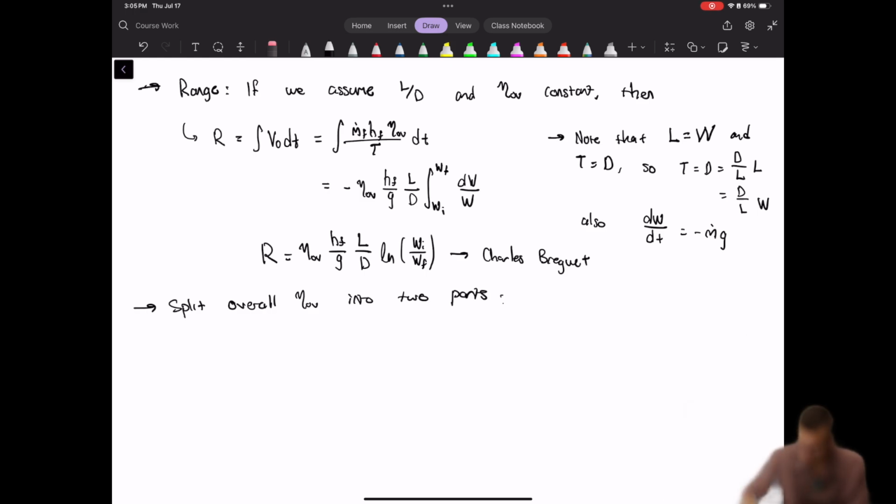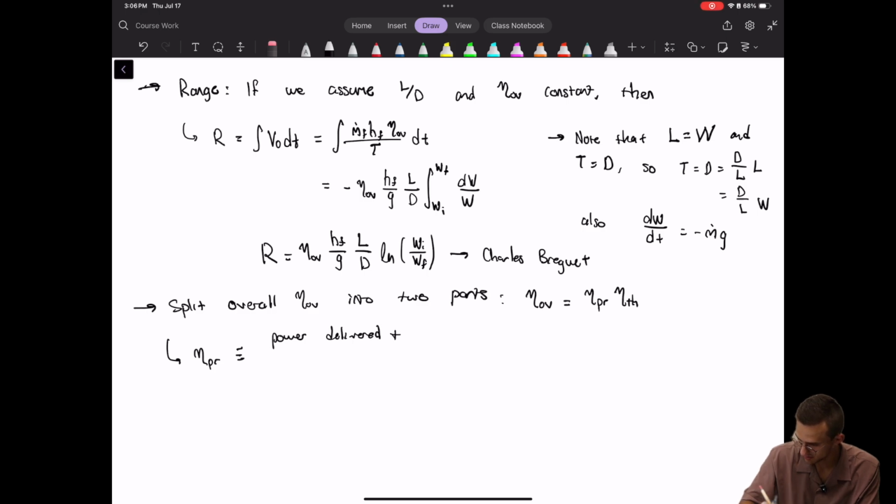So eta overall is equal to eta propulsive times eta thermal. The propulsive efficiency is defined as the power delivered to the vehicle divided by the jet power.